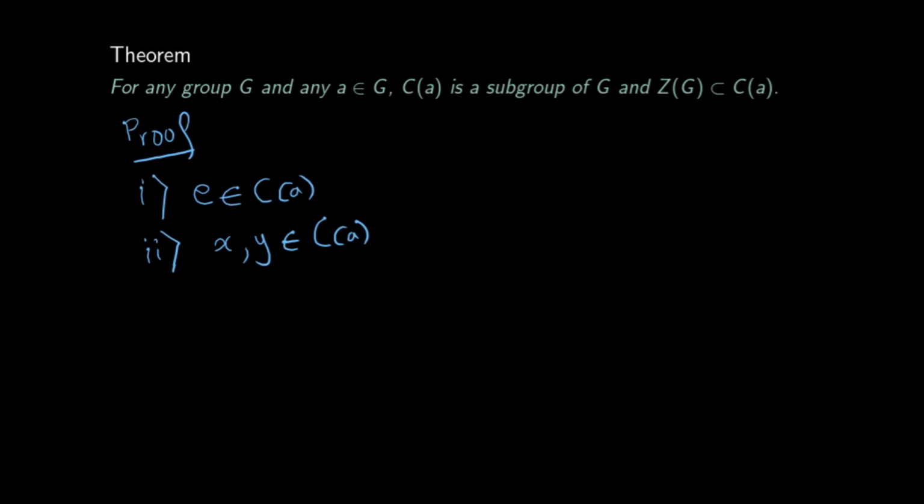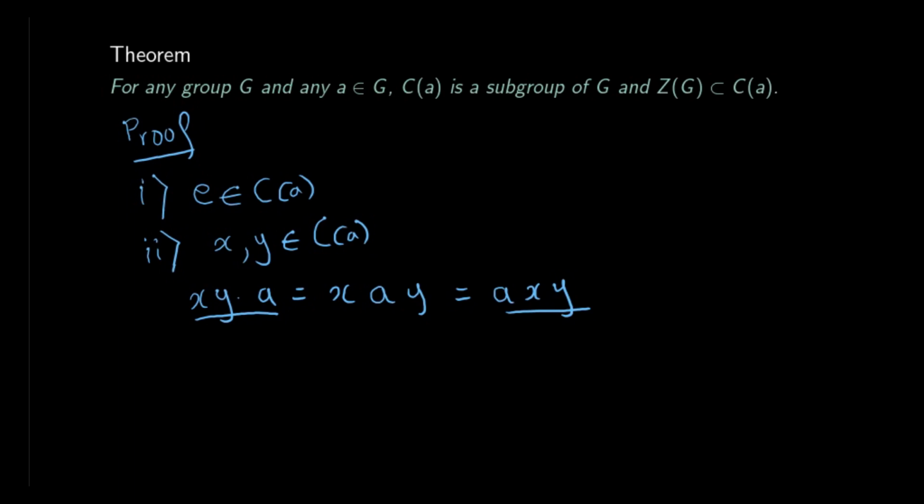This argument is very similar to the argument used in Z of G. Notice that xy times A will be x times Ay, since y is inside the centralizer of A, which is the same as Axy, and therefore xy times A is the same as A times xy, which proves that xy is also inside C of A.